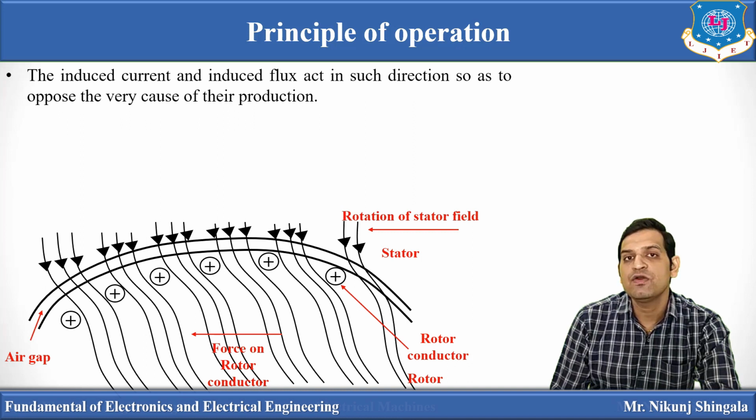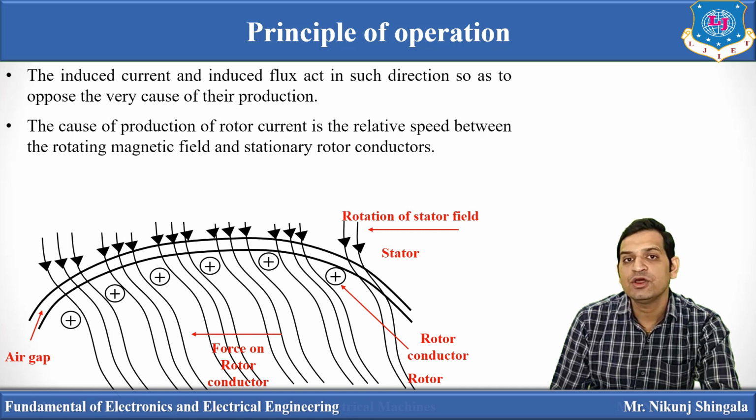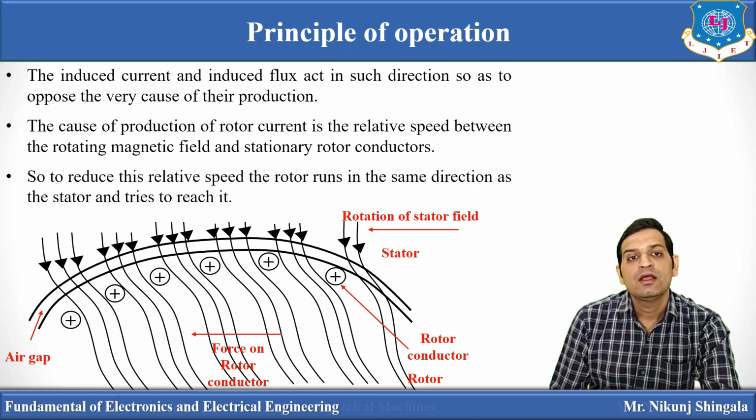The induced current and induced flux will oppose the cause of their production, and the cause of production of rotor current is the relative speed between the rotating magnetic field and the stationary rotor conductor. So to oppose the relative speed, and to reduce the relative speed between the stationary rotor and the rotating magnetic field, the rotor runs in the same direction as that of the stator and tries to reach the speed of the rotating magnetic field.